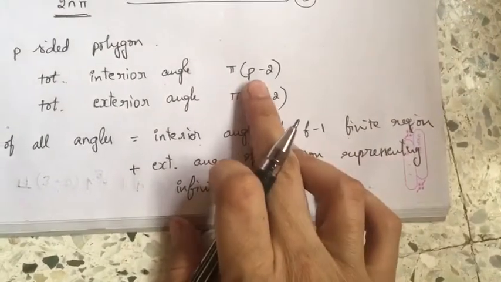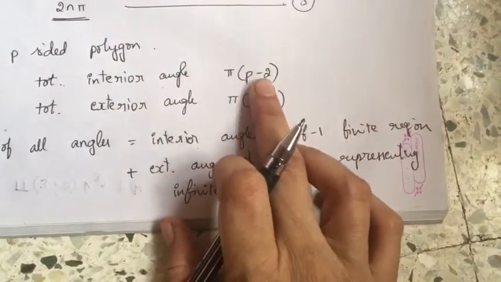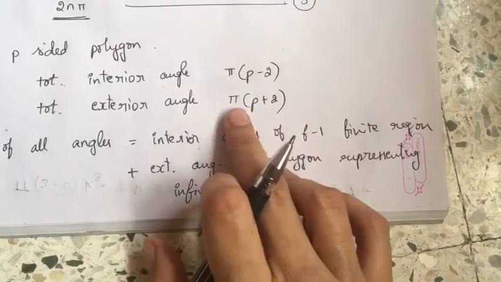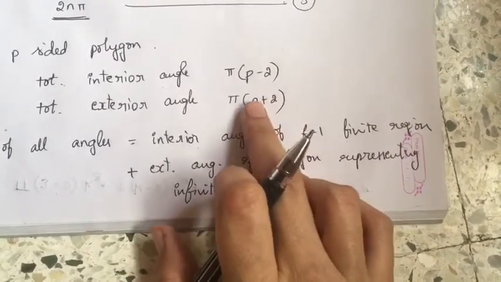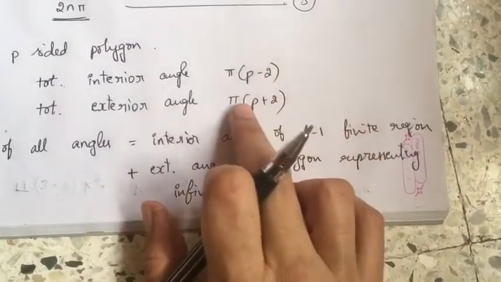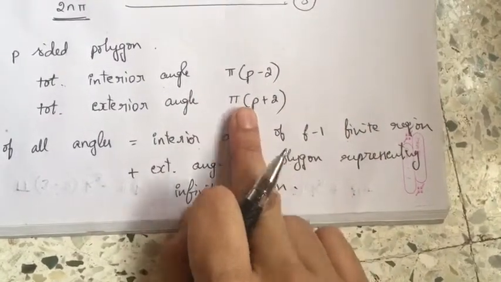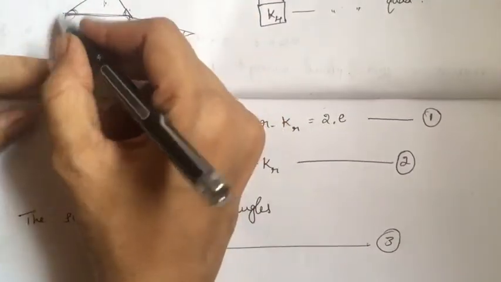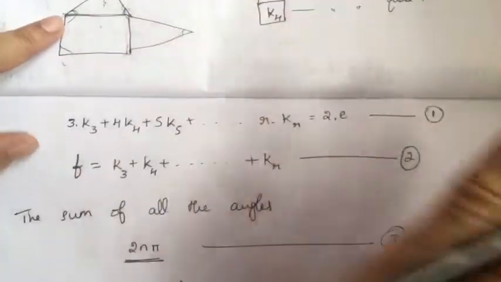Why? Because the total interior angle is pi into p minus 2, and the exterior is p plus 2. I have to remove all these interior angles from this total exterior angle, because the exterior angle for one polygon is an interior angle for the other.